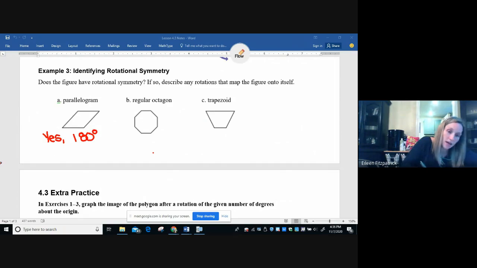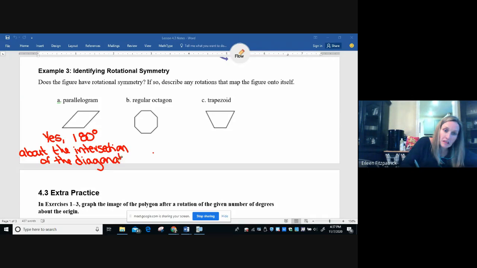All right. And it's about the intersection of the diagonals. Okay, if I was to draw the diagonals of this figure, here's one diagonal.